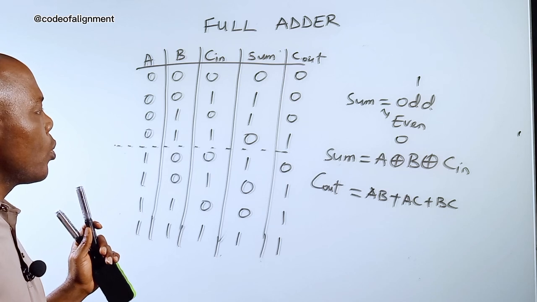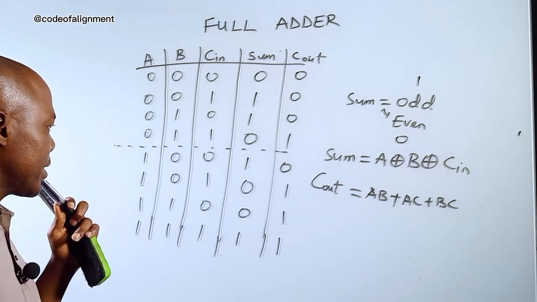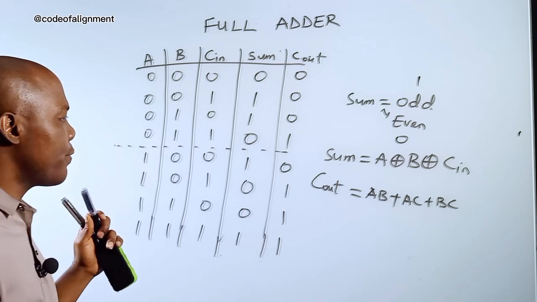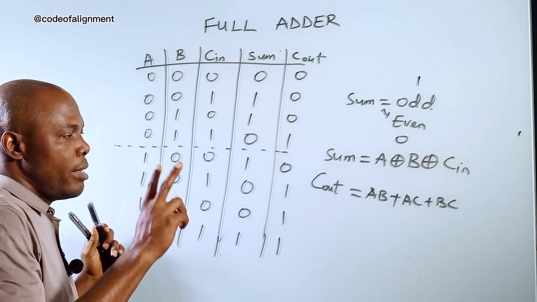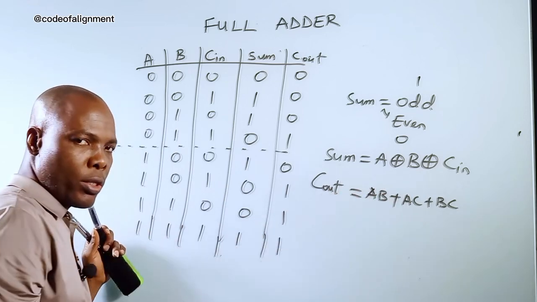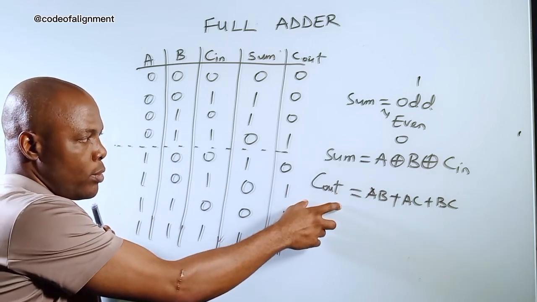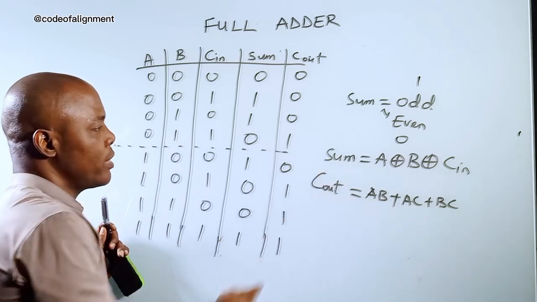So what it therefore means is that if I am having 3 switches, if 2 of the switches are on, my output will be on for Cout, I mean. So I'm having sum and I'm having Cout.